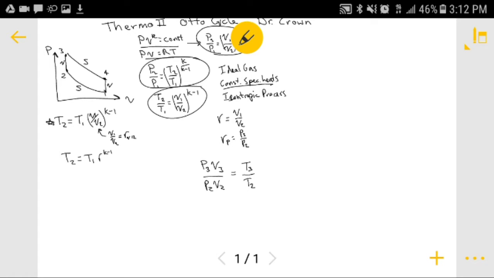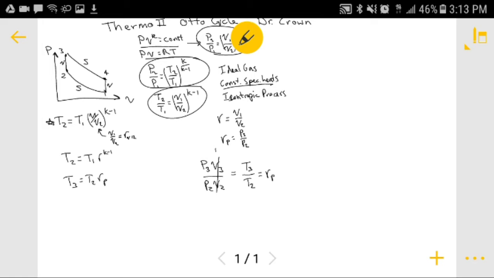The R cancels since both equations have R in it. Then I note that V3 over V2 is equal to 1, and so the pressure ratio is the same as the temperature ratio, in which case T3 simply equals T2 r_p.